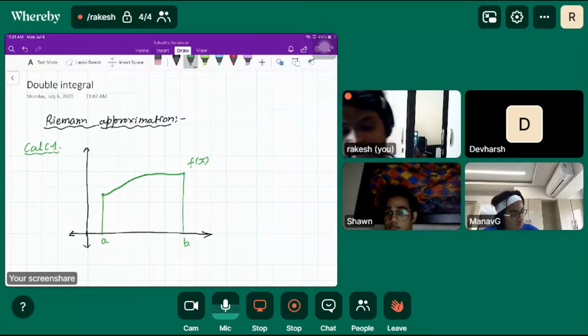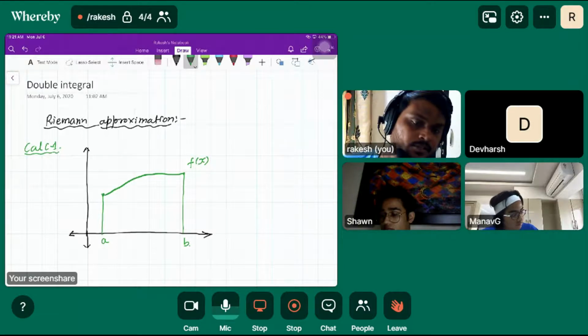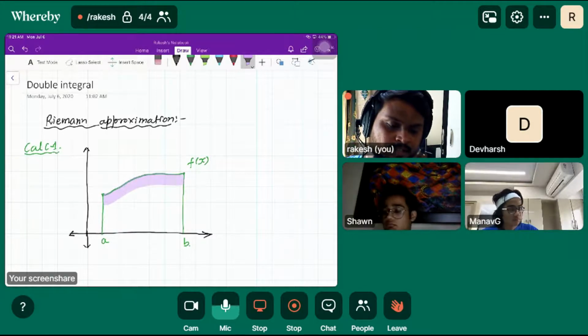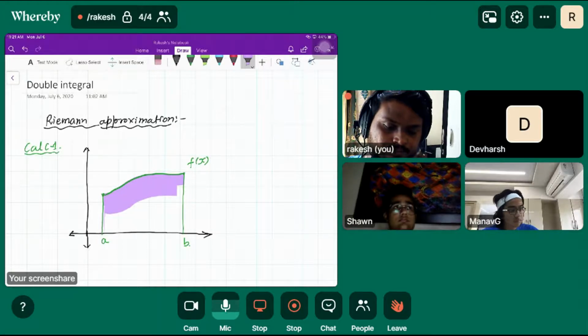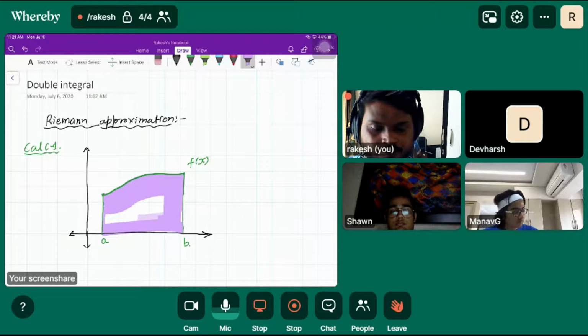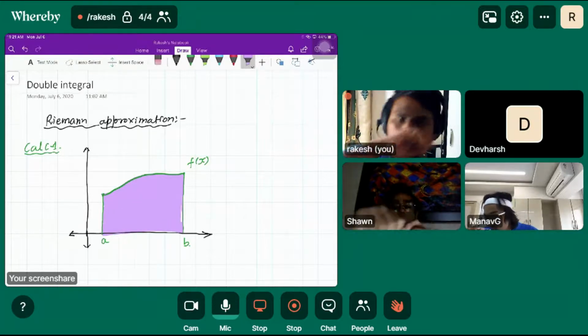We find out the area under the curve. In Riemann approximation, we approximate the area under the curve, which means the region above the x-axis.